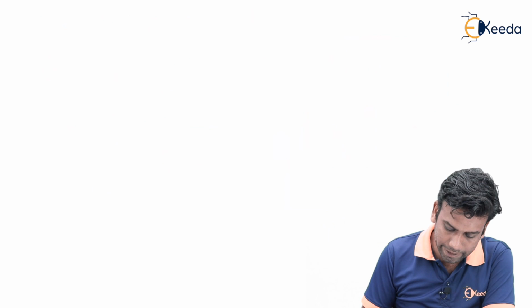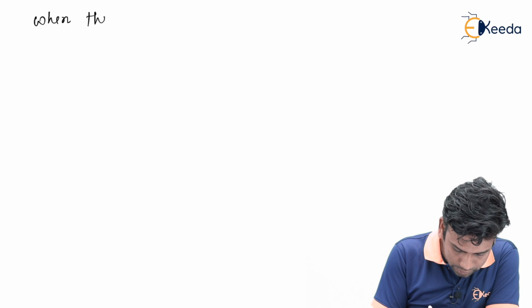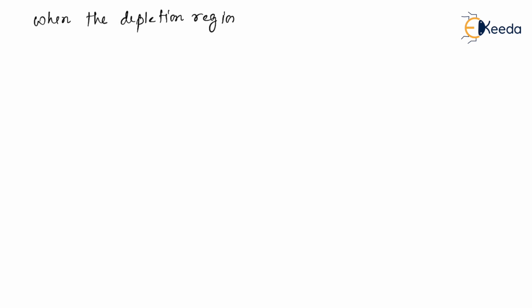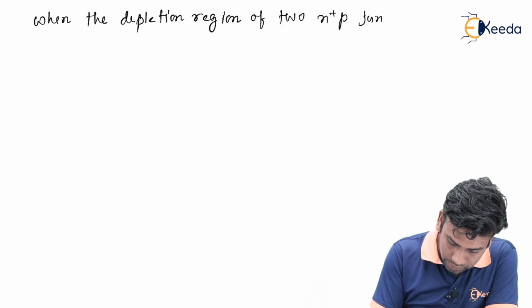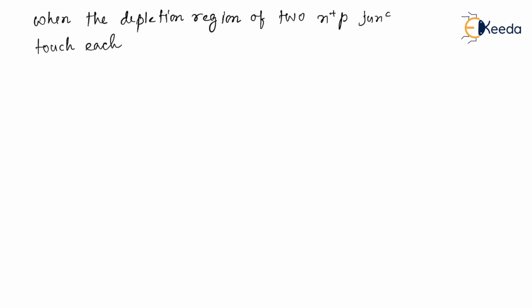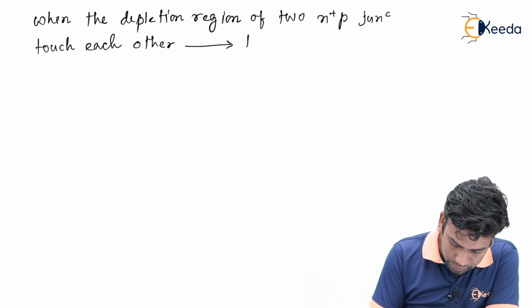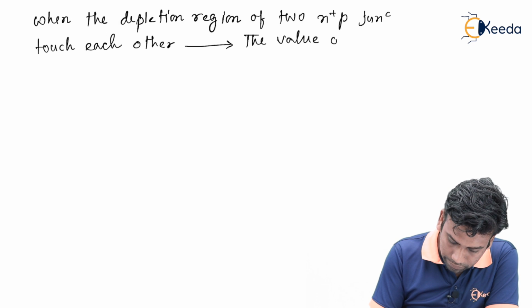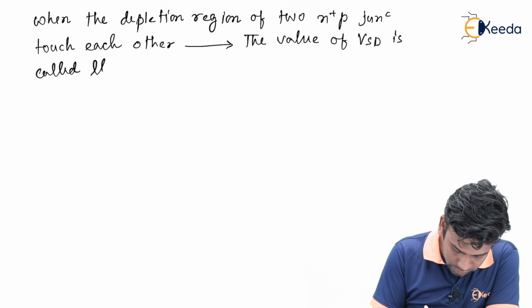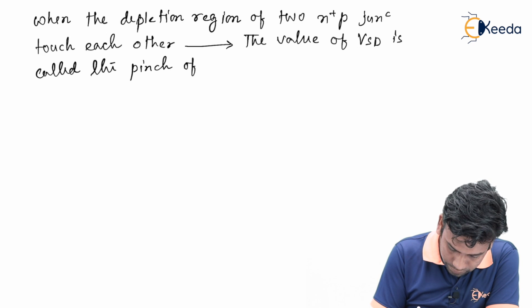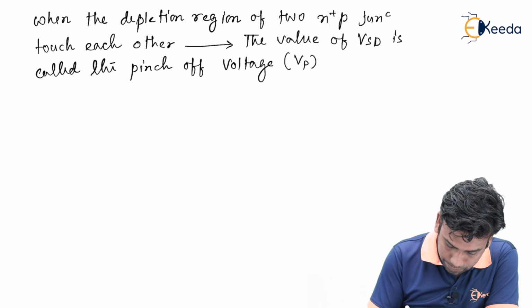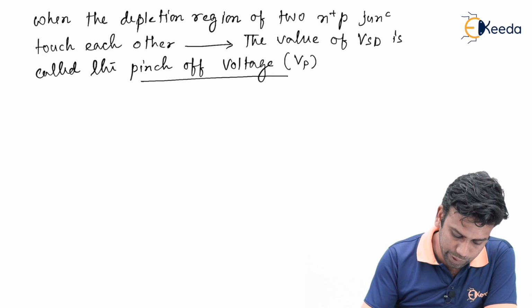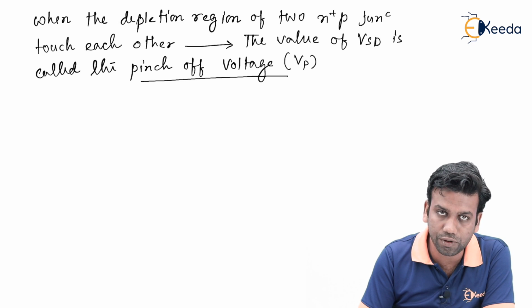So, we can say that when the depletion regions of the 2 N plus P junctions touch each other, at that condition the value of VSD is called the pinch off voltage, and pinch off voltage is denoted by V suffix P. So, we can say that at the pinch off voltage the ID will get saturated.